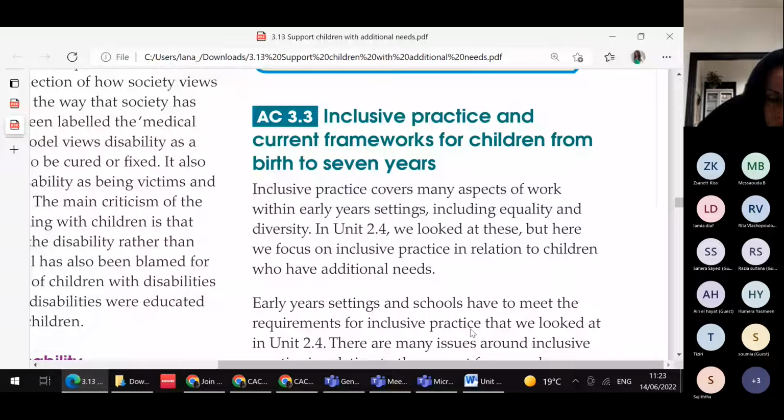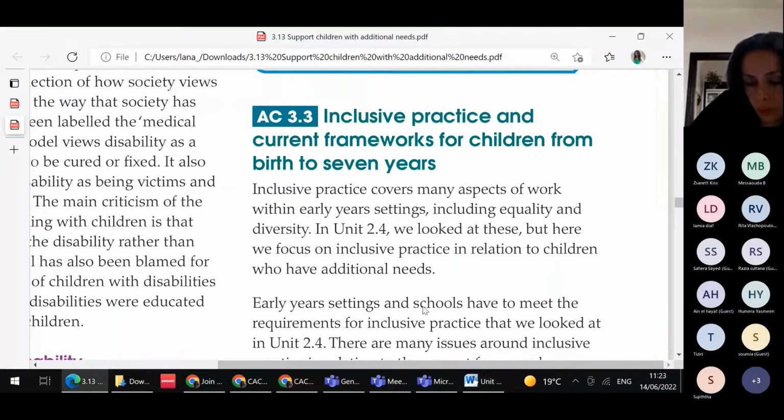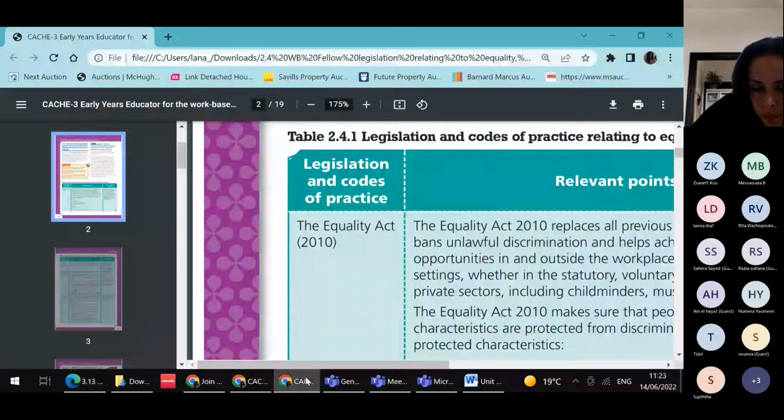So now, evaluate inclusive practice in relation to the current framework for children from birth to 7 years old. So how do we evaluate inclusive practice? As you can see here, we need to go back to 2.4 to evaluate the inclusive practice.